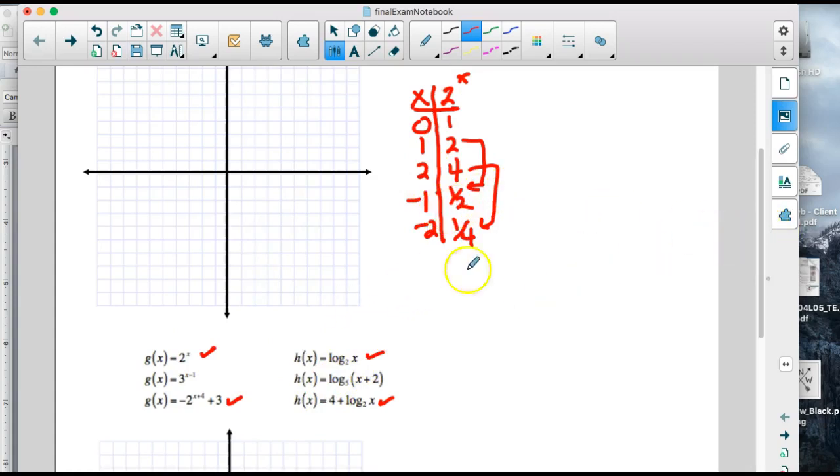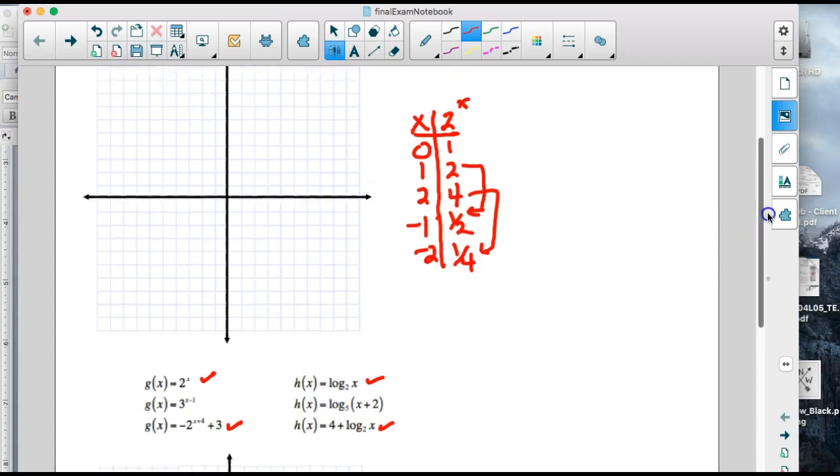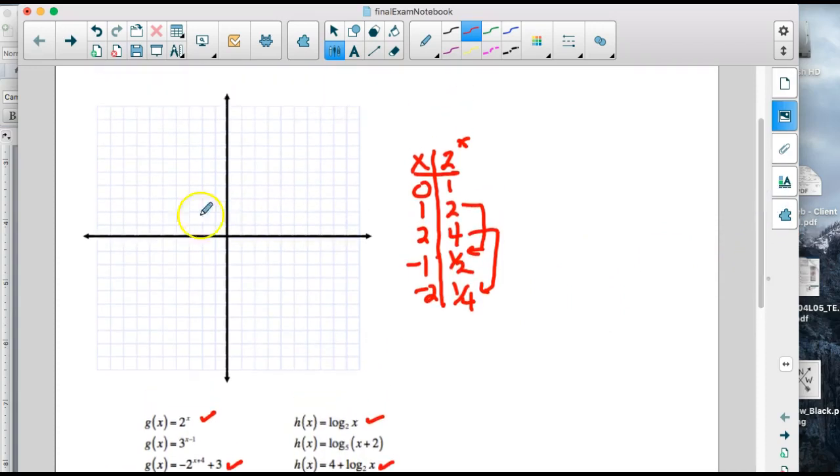This one actually is g of x, so if we graph this one here, it would be g of x. We would start off with -2, 1/4, which is this value here, and then 1/2, and then 1, and then 2, and then 4.